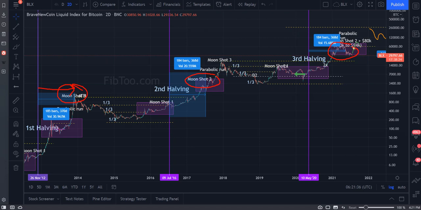Okay, maybe even in the latest structure here, we might have another push up to complete moonshot 2 potentially.